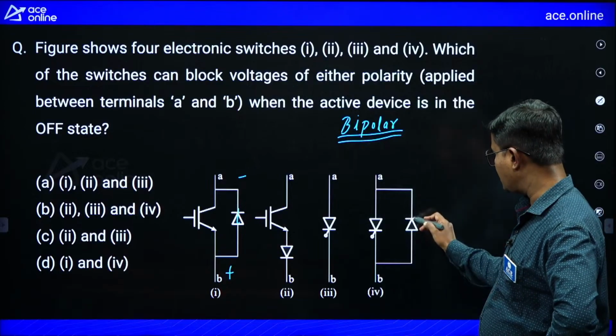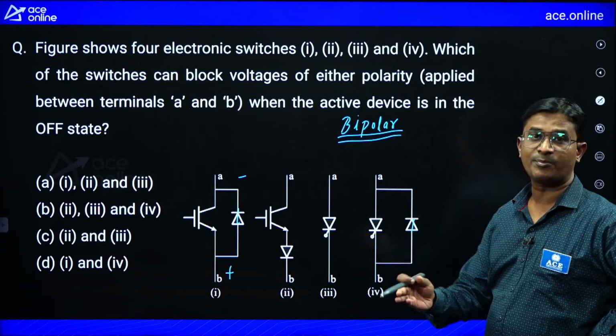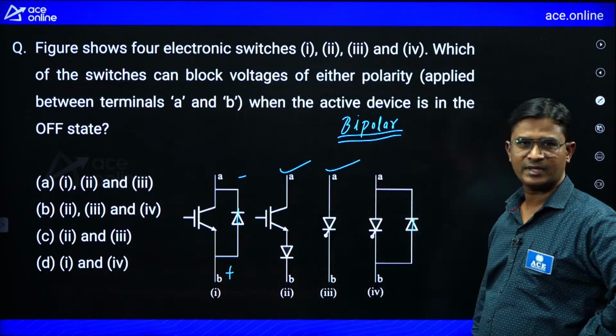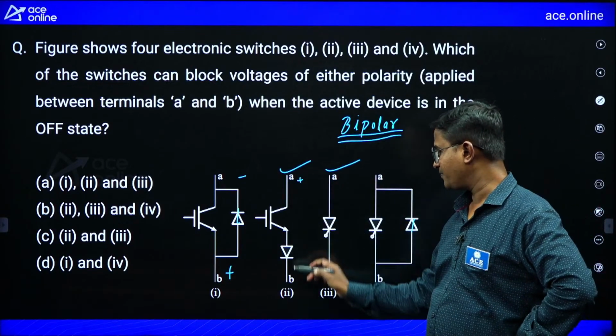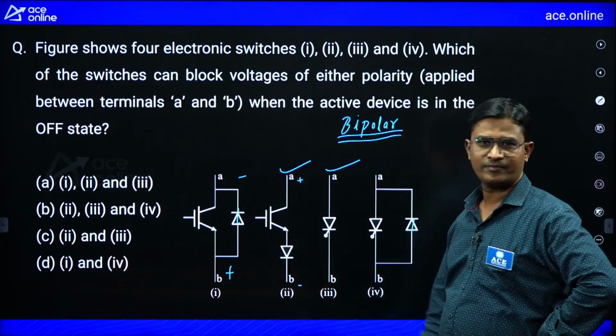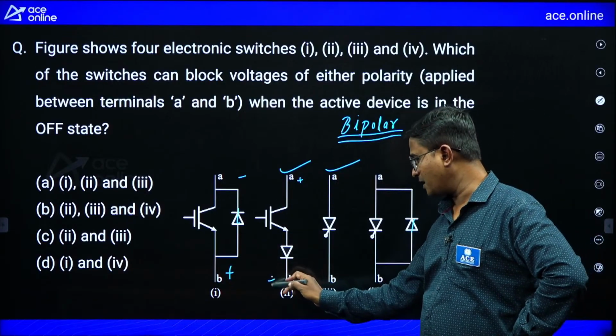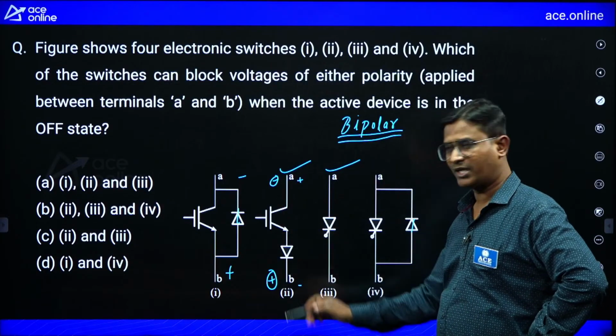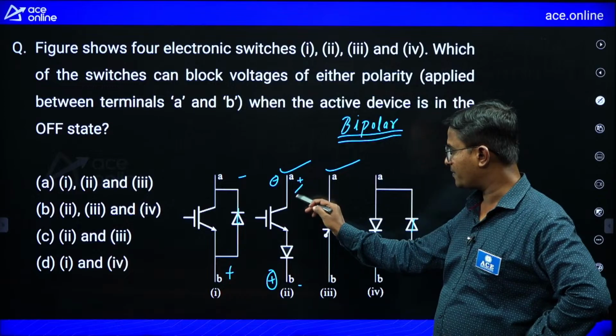Okay, so when diode is present, reverse voltage blocking is not possible. But in this case, check second and third switch. They can block forward voltage when active device is in off state, and when reverse voltage applied like this, plus here, minus here, then this diode will block this reverse voltage. So this is a bipolar.